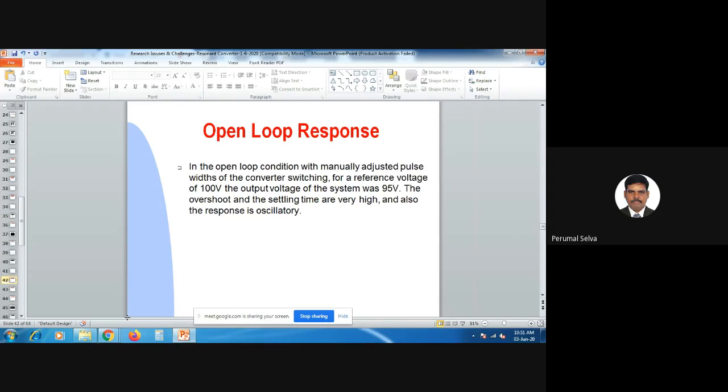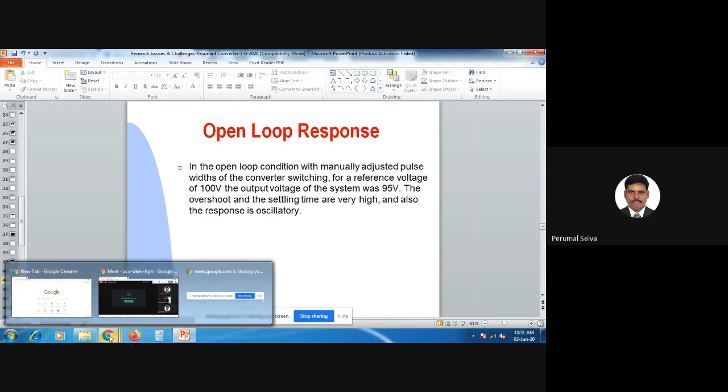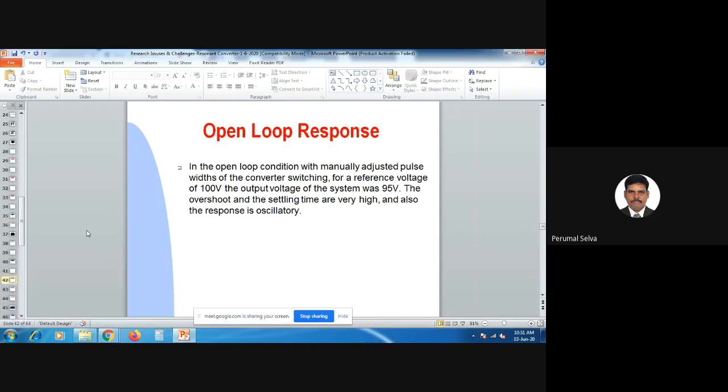Under the open loop condition with manually adjusted pulse widths of the converter switching, for a reference voltage of 100 volt, the output voltage of the system was 95 volt. The overshoot and the settling time are very high, and the response is oscillatory. So that's why we go for a closed loop system using a PI controller. Next slide.